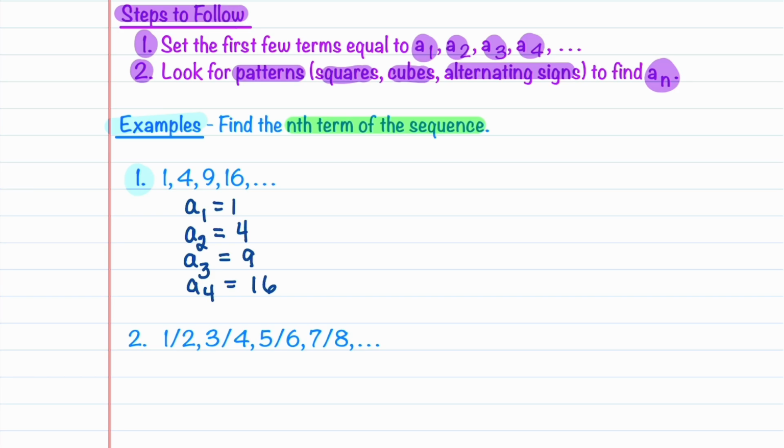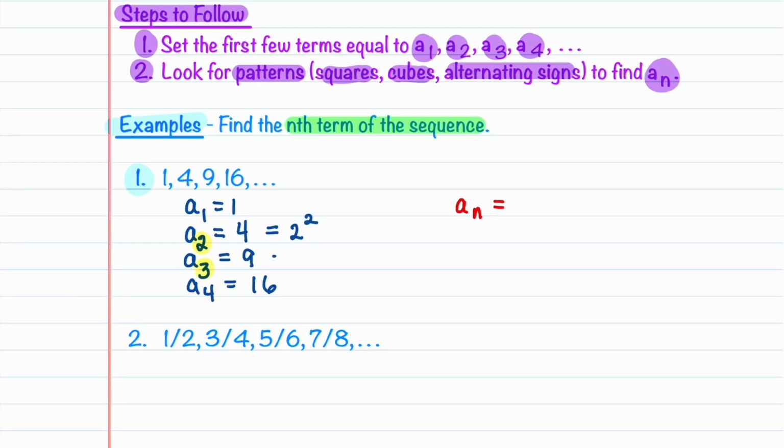What we want to do is come up with a formula for A sub n. So we need to look at the subscript of our term and see how to write that term in terms of that subscript. For A2, we can write 4 as 2 squared. Now let's look at A3.